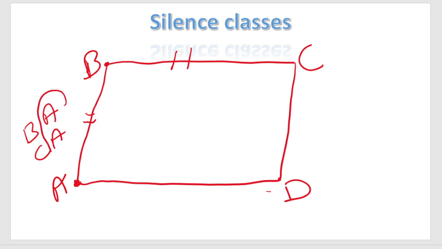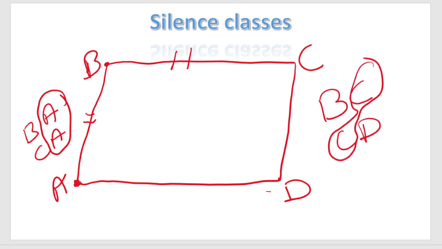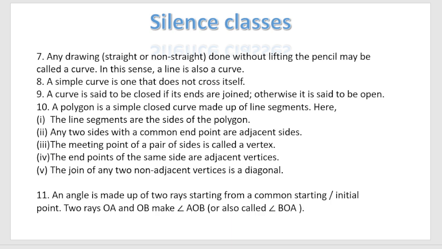Look, one side is common. If I talk about BC and CD, you can check it out, one side is common. If there is one common side in an angle, it is known as adjacent sides.